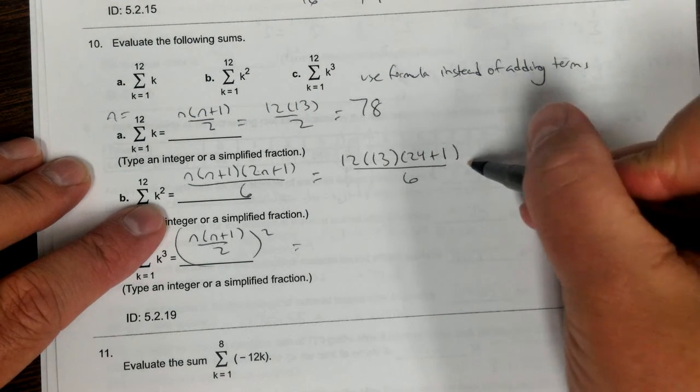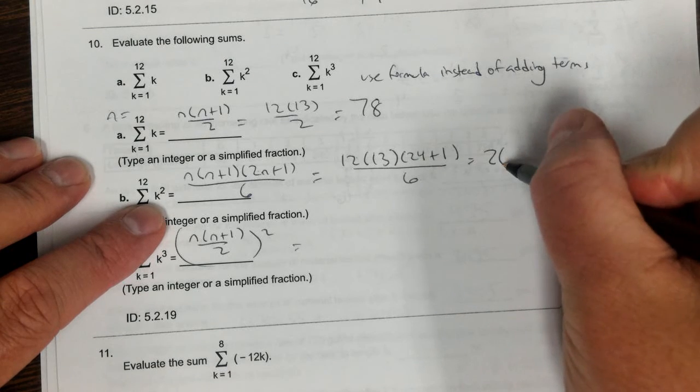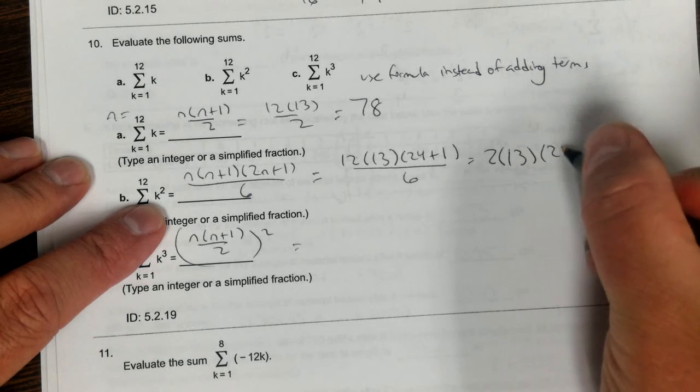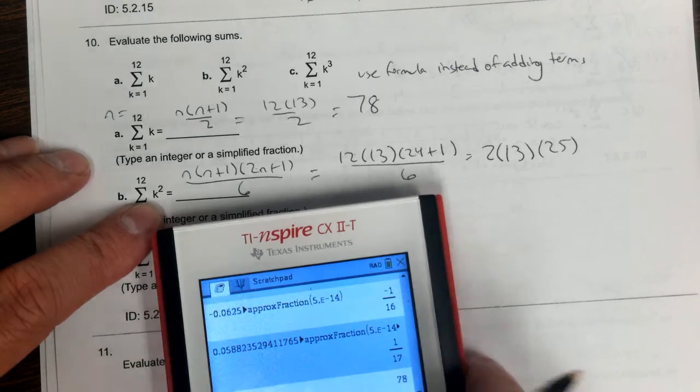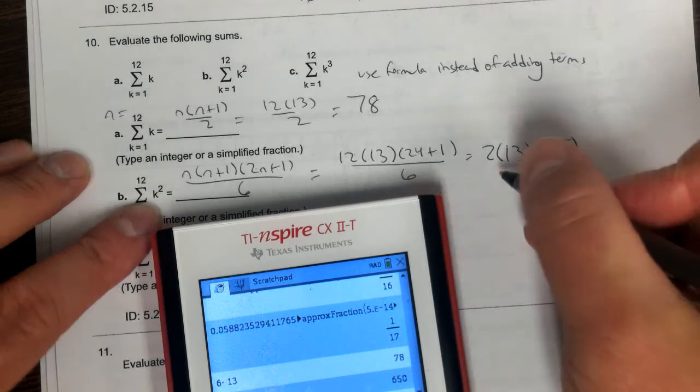Okay, let's do a little bit of simplifying. 12 divided by 6 is 2, and 24 plus 1 is 25. So I want to do 2 times 13 times 25. That gives me 650.